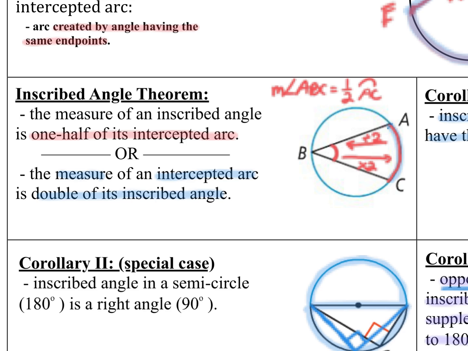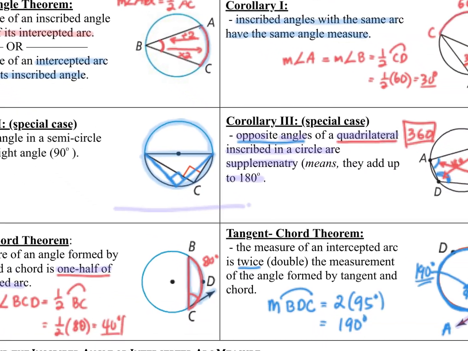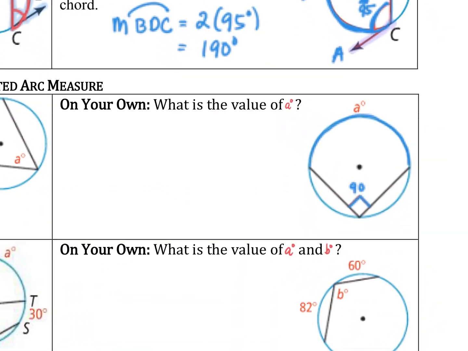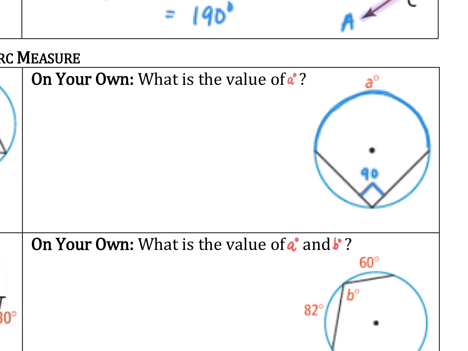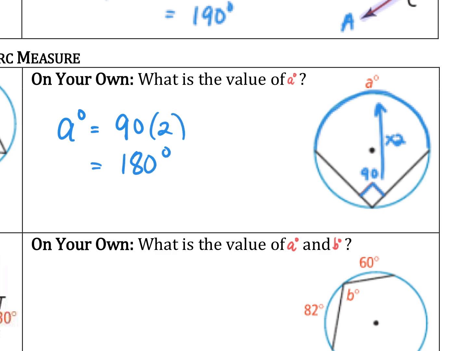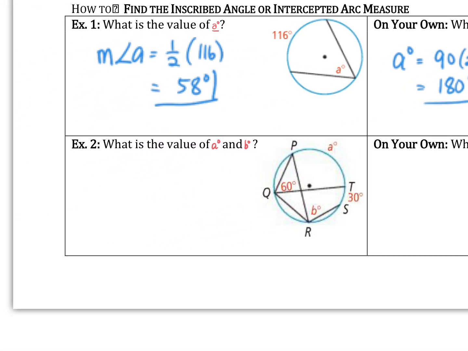But if you're coming from the inscribed angle going to the arc, it's multiplied by 2. So in this case, I'm coming from the inscribed angle going to the arc, then I'm going to multiply it by 2. Therefore, the measurement of A in degrees is 90 multiplied by 2, which gives you 180 degrees.